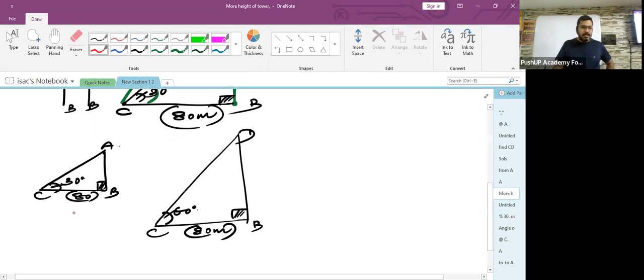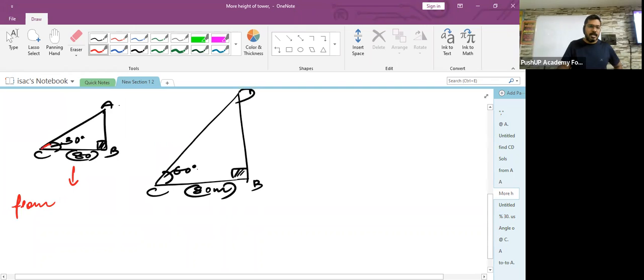Now, let us use the first right angle triangle ABC, with reference to 30 degrees. Which trigonometric function should I be using? Tan function. Tan with reference to which angle? 30 degrees.